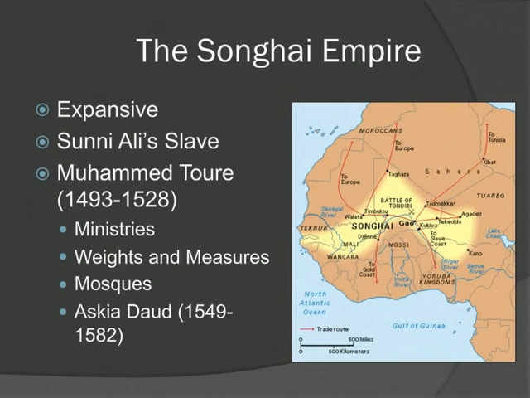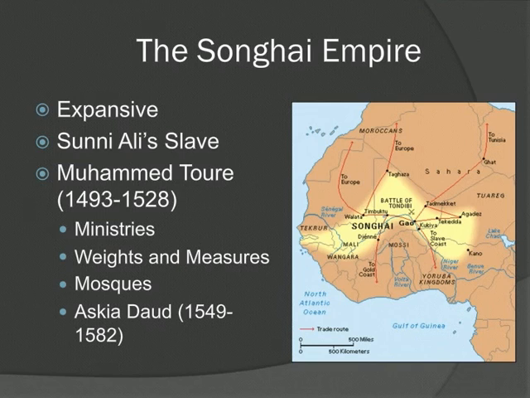Okay, we're just going to look at a few empires real quickly just so you get the idea that these were intricate civilizations when the Europeans actually landed on the continent. The first one we're going to look at is the Songhai Empire, and as you can see, this was an expansive empire. In fact, at 1550, it was one of the largest empires in the world.